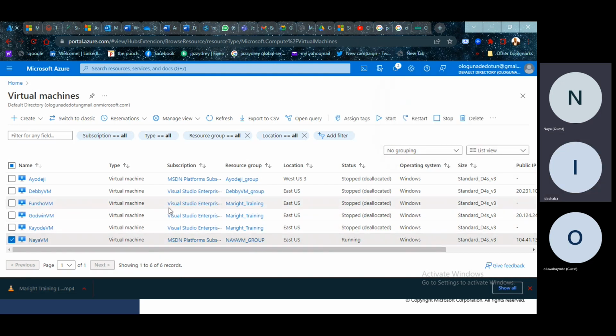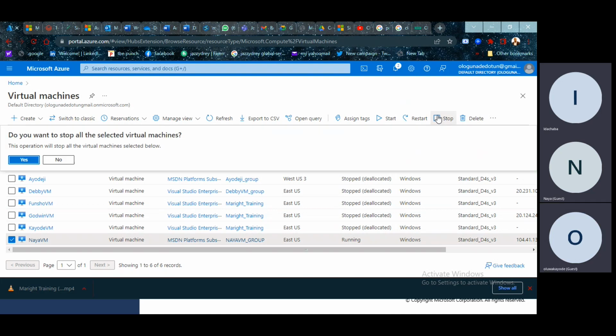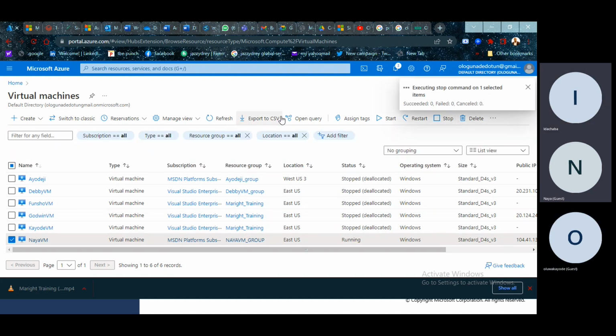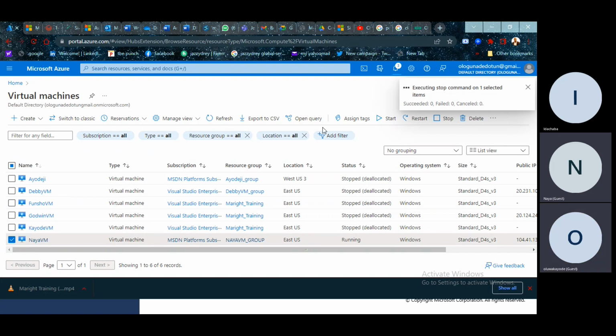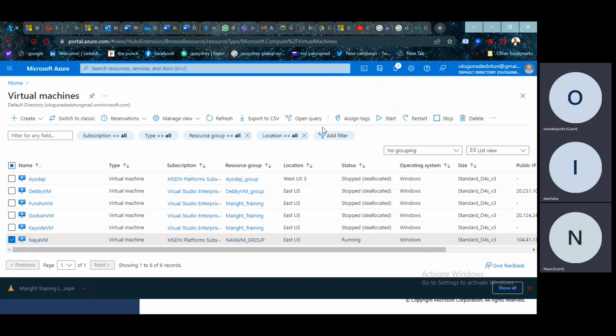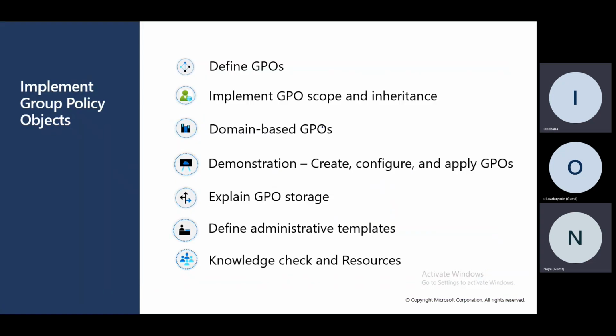Your VM is running already. Let me just stop it. So tonight, by 8 o'clock, Mr. Kawde, will you have time tonight? Yes, sir. Okay, so tonight we are going to be logging into the server, and those things that we have been training, you can practice and do one or two things.